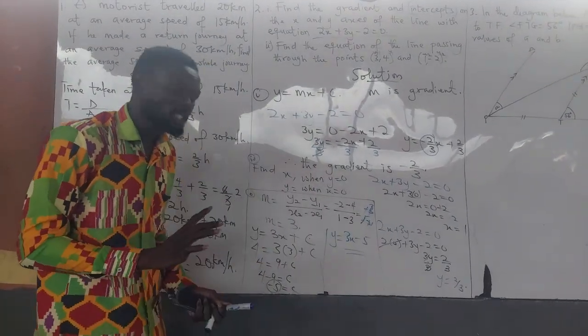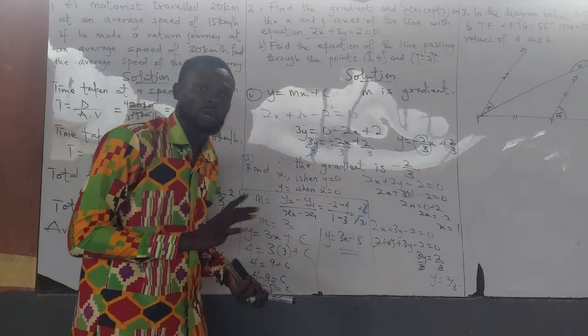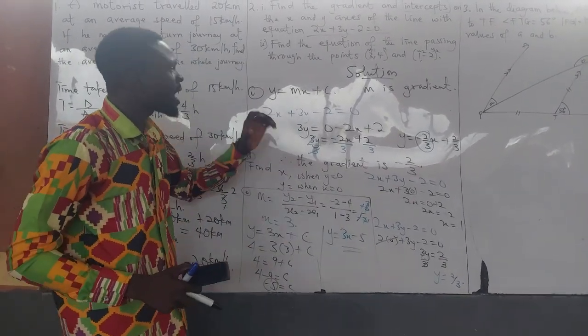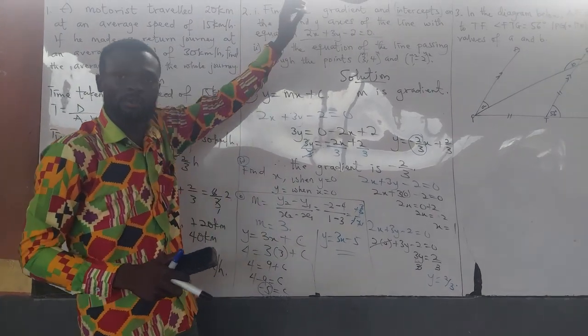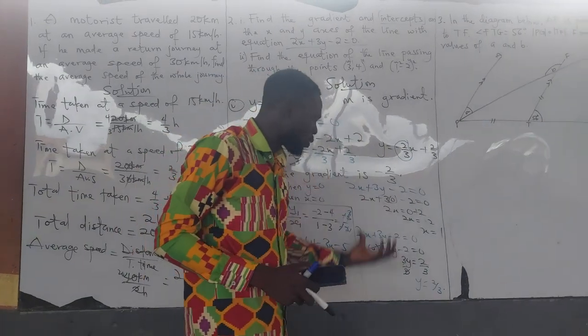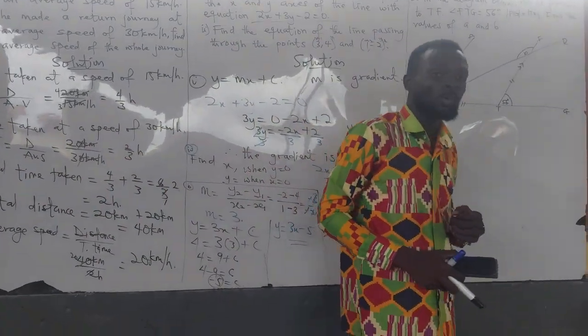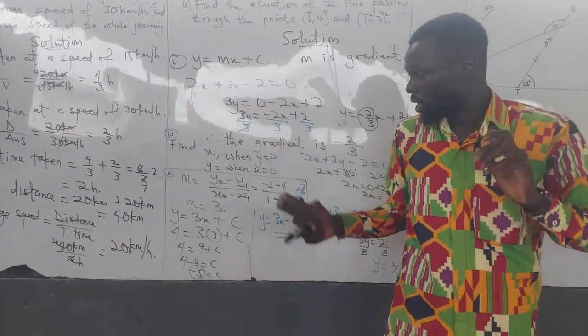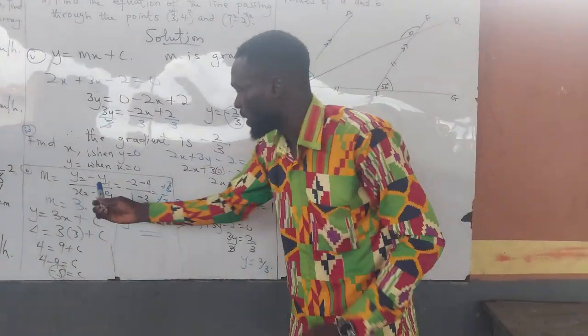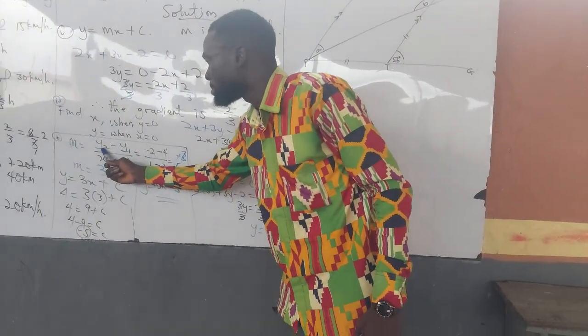We deeply apologize for how we are speeding because of time factor. Thank you very much. So this is how we solve questions based on this. We'll meet next week again and we'll look at more about this if time will permit us. That is it for line graph. Finding the equation of a line is this formula.